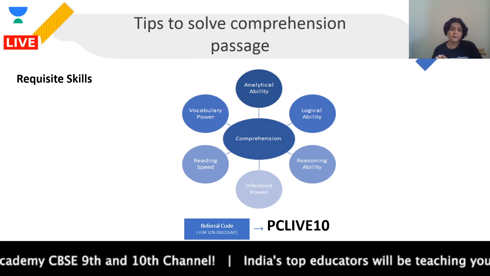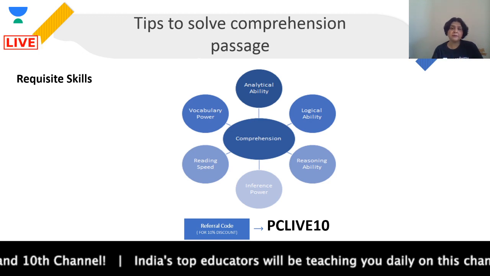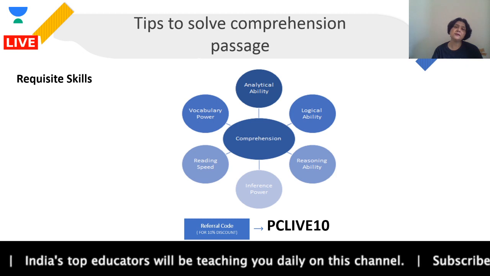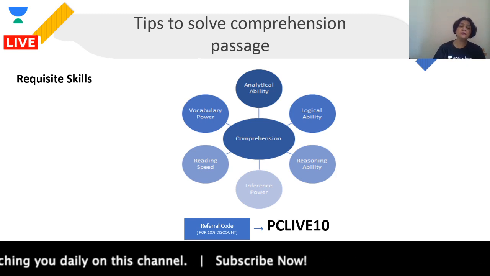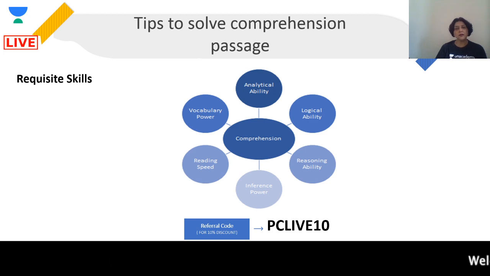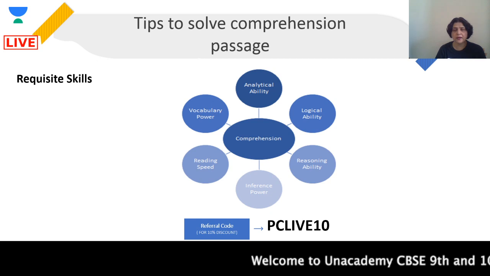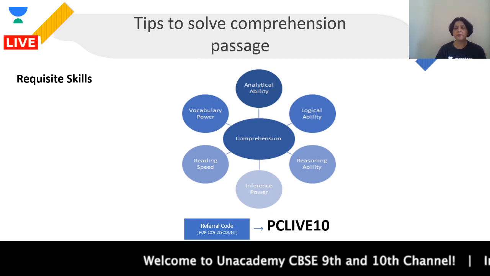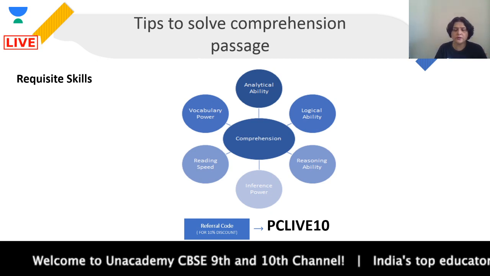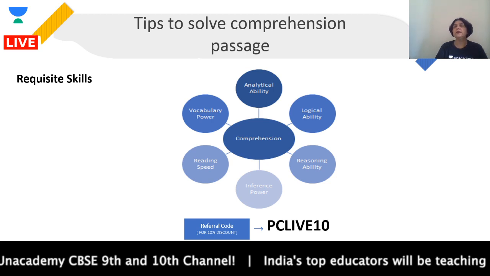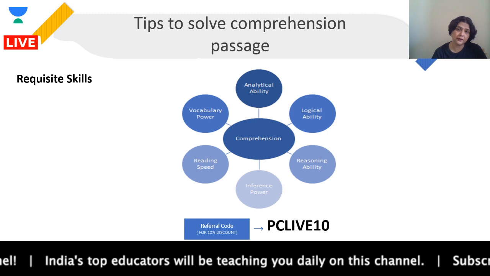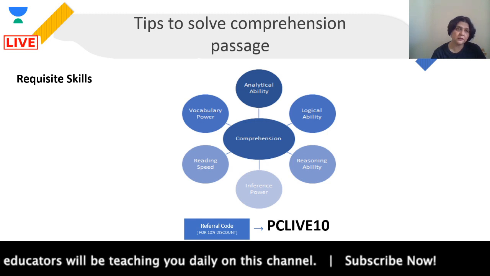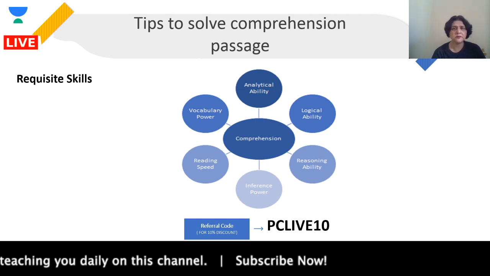Once again, if you see this mind map: vocabulary power, analytical ability, logical ability, reasoning ability, inference power and reading speed, all these are the prerequisite skills that you should have to solve a comprehension passage. If you just go into any sort of hurry, and the second thing which I often see is that students end up answering the same thing which is there in the text.